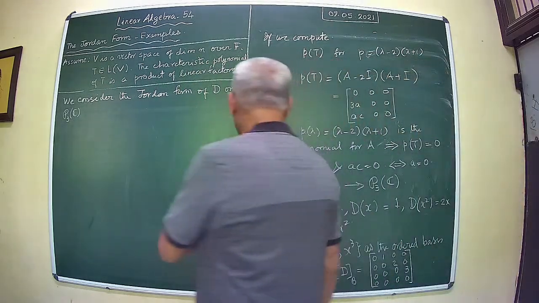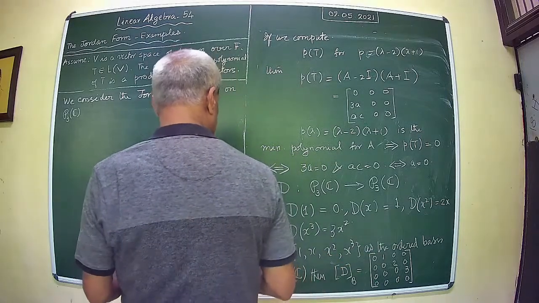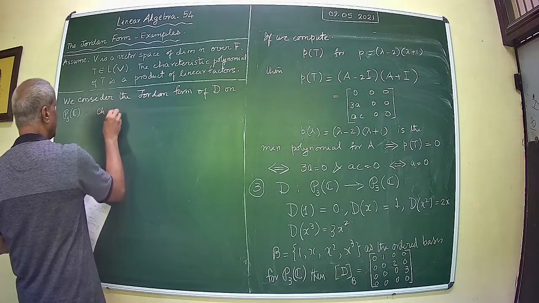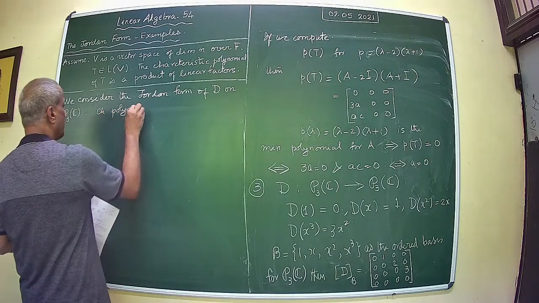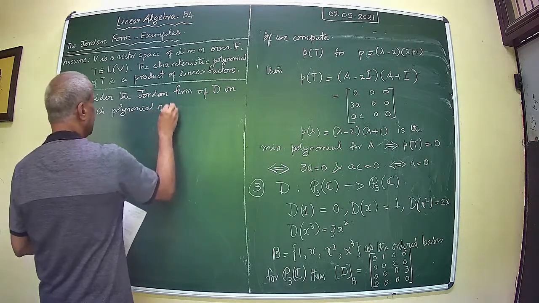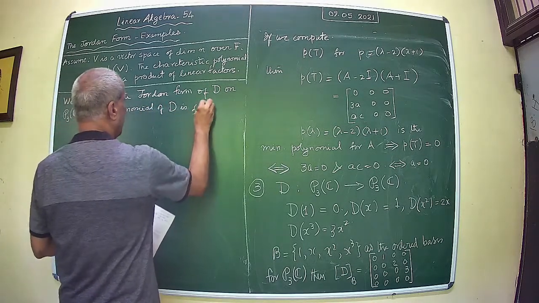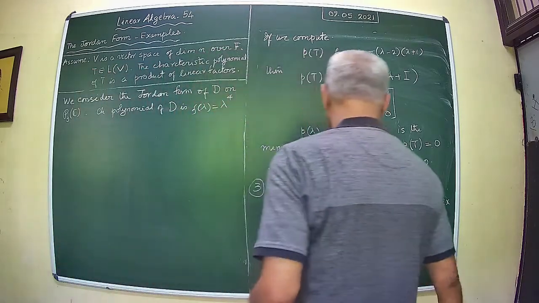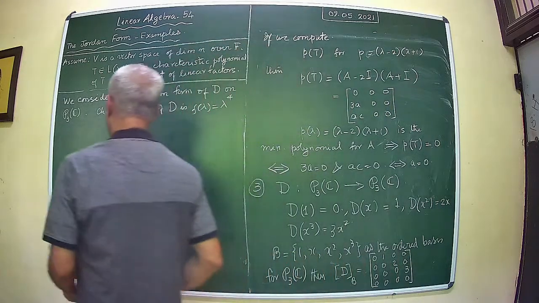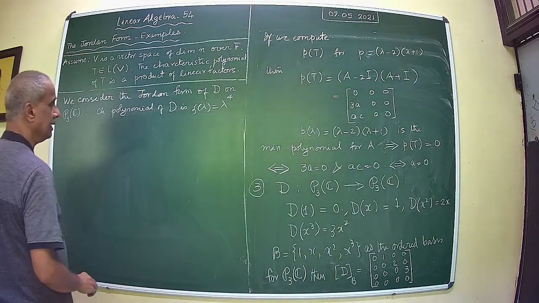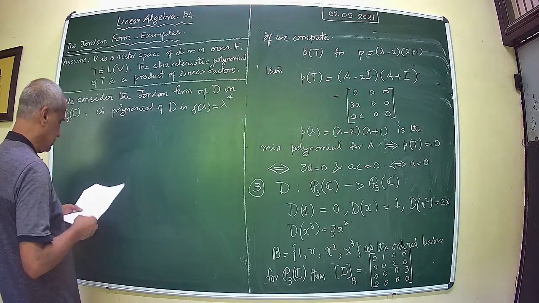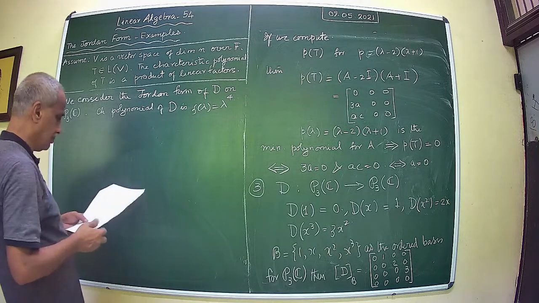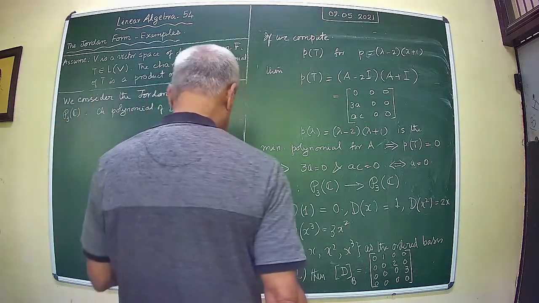So what about the characteristic polynomial? The characteristic polynomial of D is f lambda equal to lambda to the power 4. And what is the minimal polynomial? The minimal polynomial that you have is the following.